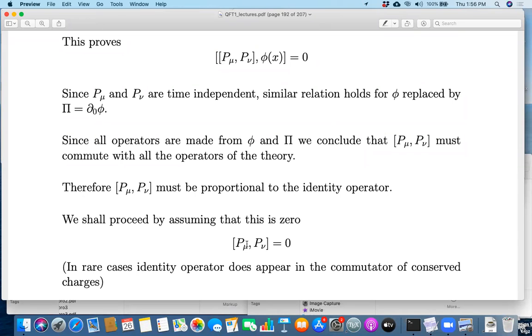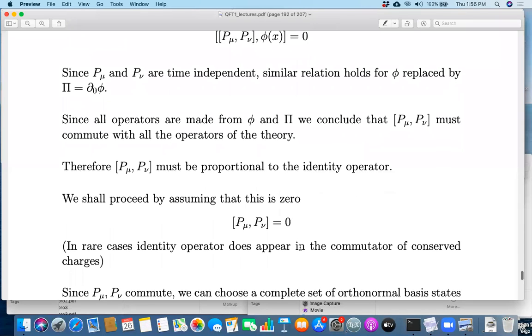Maybe you can apply p mu on some state, and that tells you what the conserved charge is. So it's not that you have two different conserved particles. You are not applying it on particle states as yet. All you are saying is that p mu is a conserved charge in the theory, and their commutator vanishes. Any other question?